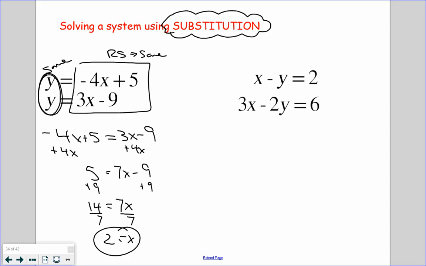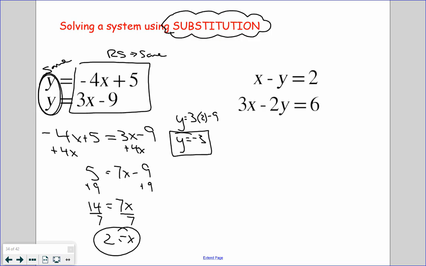Now, are you done once you found x? What else do you need to do? Find y. Okay, so which equation looks easier to you, the top one or the bottom one? I would say the bottom. So we've got y equals 3x minus 9. So my x is 2. So y is negative 3.